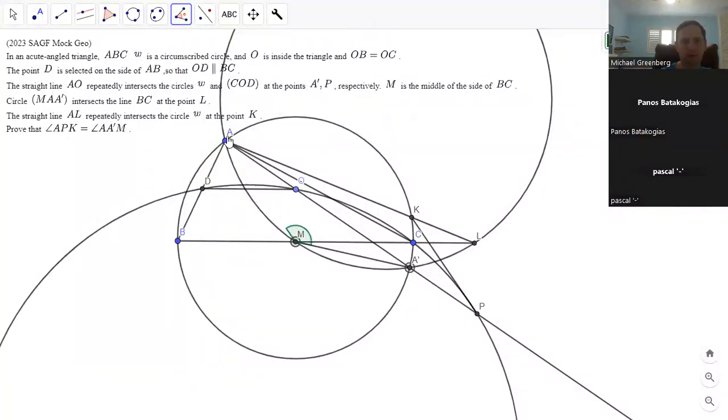These were actually similar triangles. That's 137. And this is 146. So they're not similar triangles. We just need to show that those angles are equal.